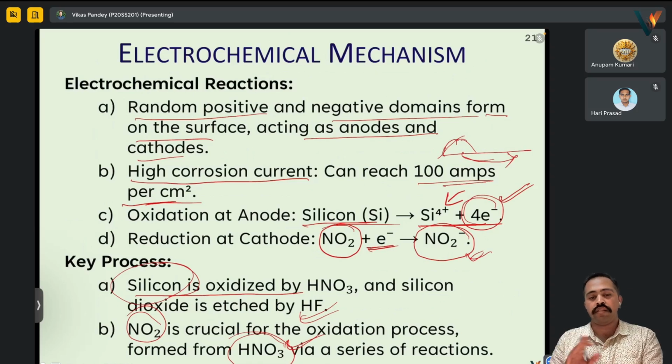HNO3 will dissociate and form NO2 and HO negative, as a byproduct of dissociation of HNO3, and then this NO2 helps in the formation of silicon oxide, and once silicon oxide is formed, it is dipped into HF and HF will remove the silicon oxide.